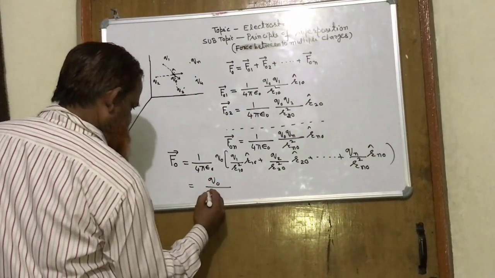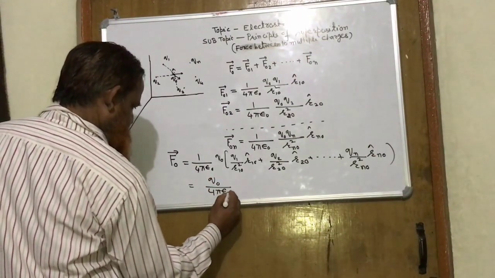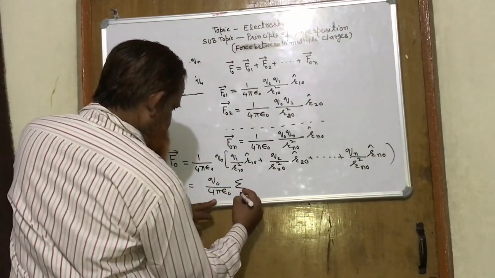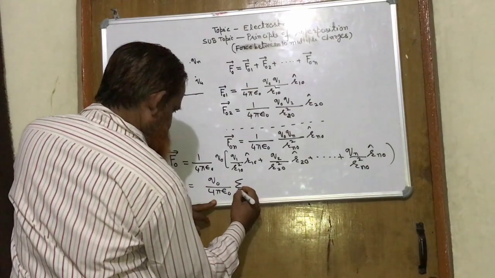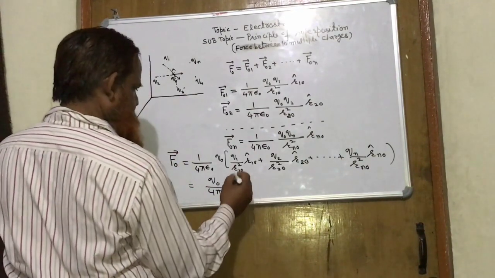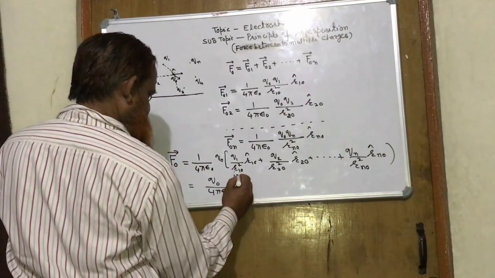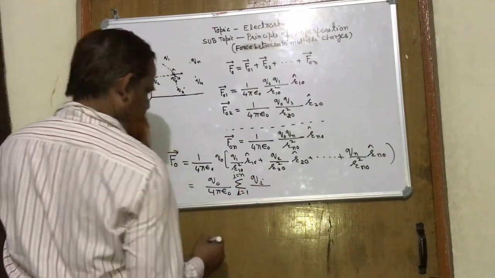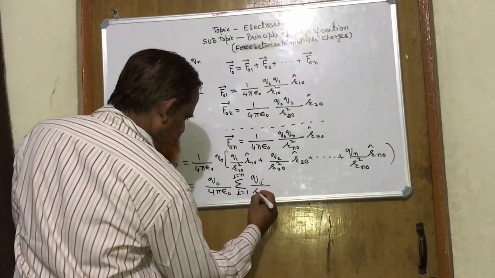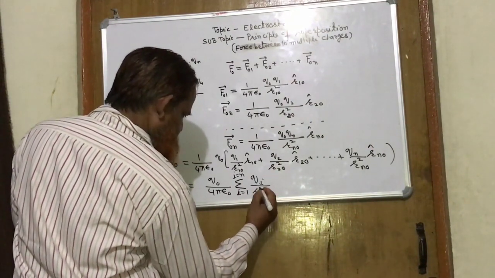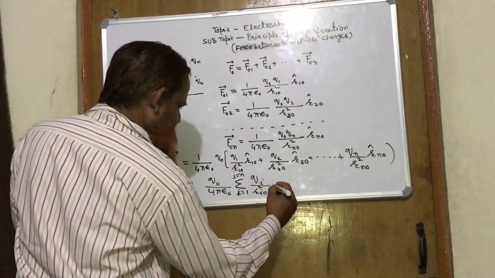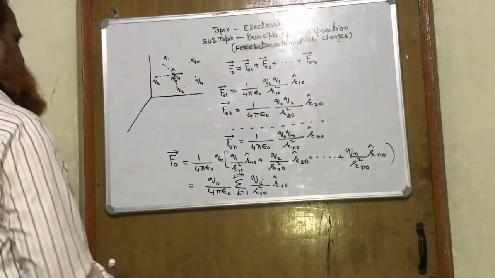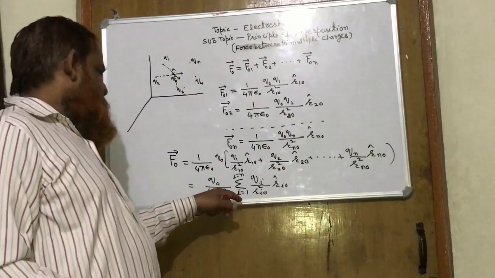We can also write it this way: Q naught upon 4 pi epsilon naught, sigma i equal to 1 to n, Qi upon Ri0 square Ri0 cap, where the value of i is from 1 to n.